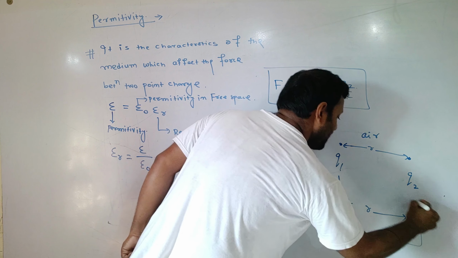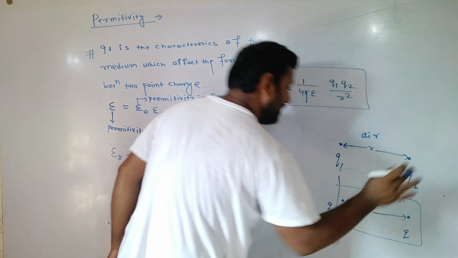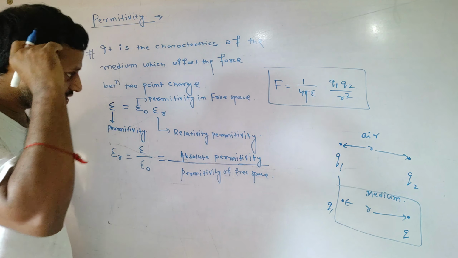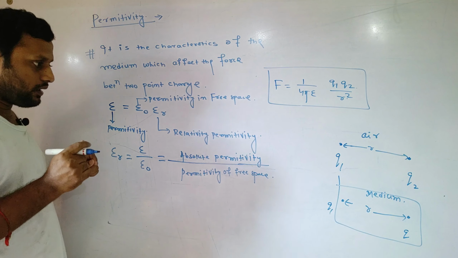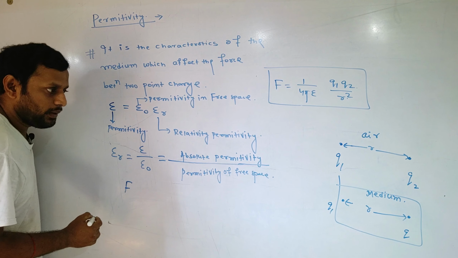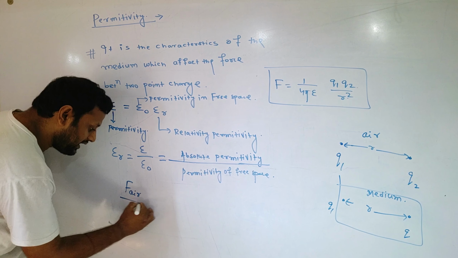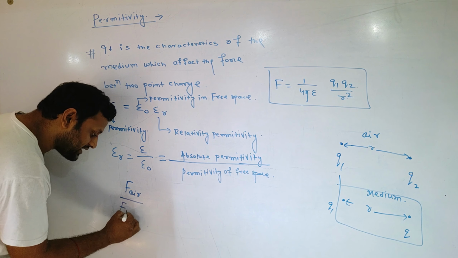This medium is not air. Now my objective is to calculate the force between these 2 point charges in air divided by the force between these 2 point charges in the medium.